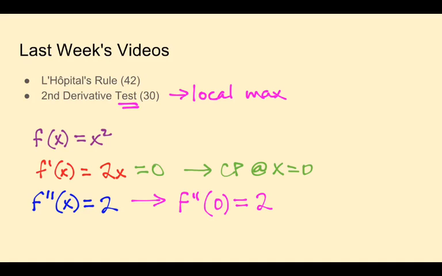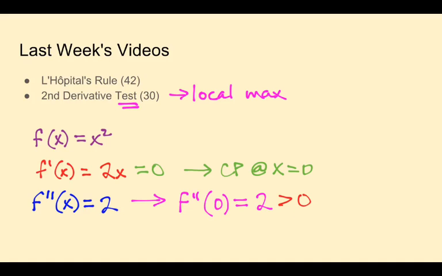So what matters about that answer? It's whether it's positive or negative, right? What matters here is that 2 is greater than 0. Since the second derivative is greater than 0, that tells us the function here is what? What does the second derivative tell us about a function? It's concave up, right? So if we have a function that at x equals 0 has a horizontal tangent and it's concave up, what conclusion can we make?